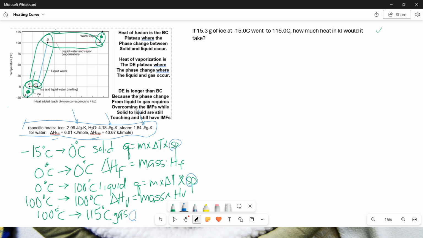If you look at the fusion and vaporization constants, they are in kilojoules and moles, and we will have to account for that because our problem is in grams. We will also have to account for whether, when we add all 5 steps up, it's in joules or kilojoules.